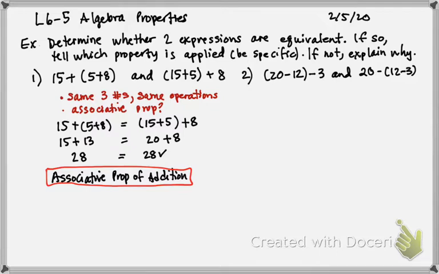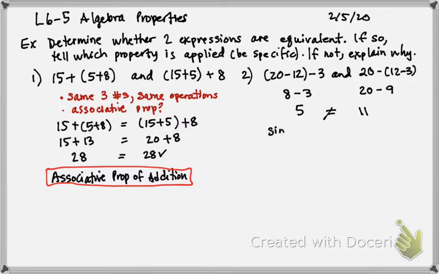So let's see, we get 20 take away 12 is 8. 8 take away 3 is 5. Okay, over here, we're going to have 20 and then minus, and then 12 take away 3 is 9, and 20 take away 9 is, what? That can't be 11. Oh my gosh, that is not true.